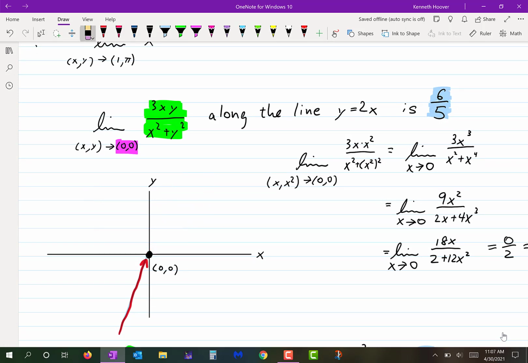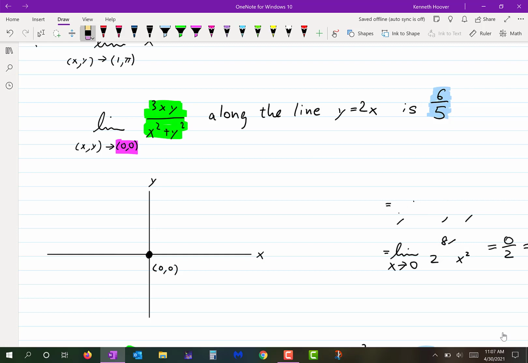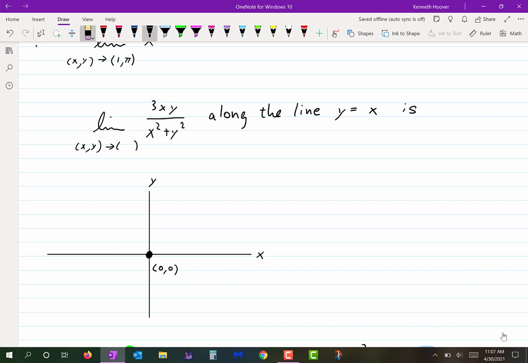And I just want to point out to you that you can calculate the limit as xy approaches the origin from any straight line direction.